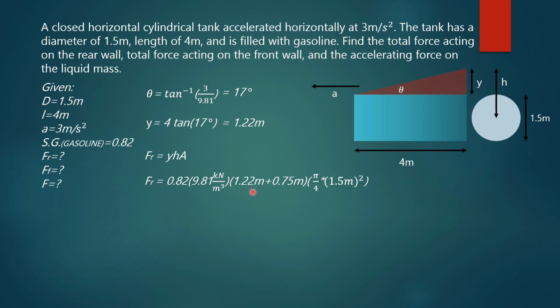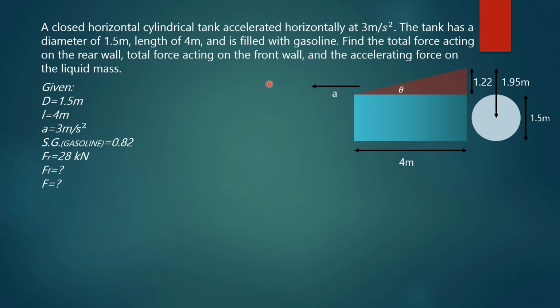So 1.22 plus 0.75 meters times the area, which is pi d squared over 4. So we will get an answer of 28 kilonewton, since we can just simply cancel the meter cube here, the meters here, and the meter squared here. So that would be the answer for the total force on the rear wall.